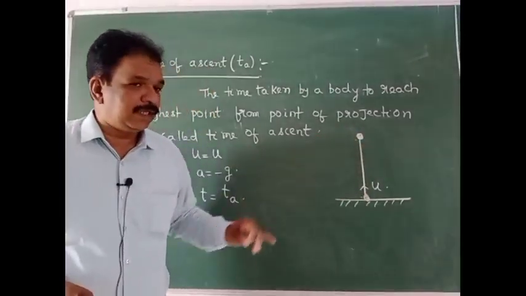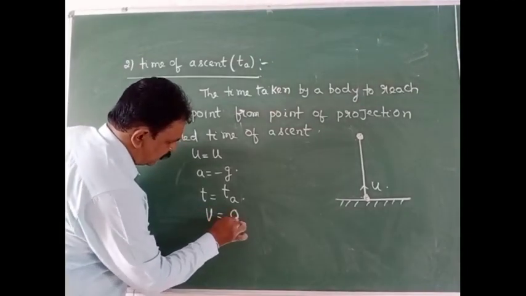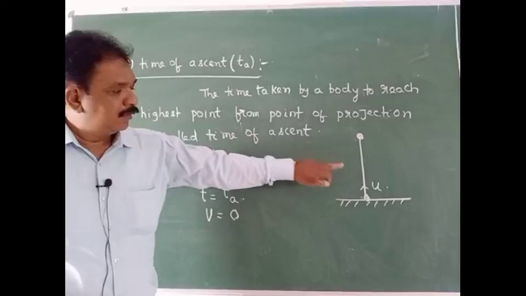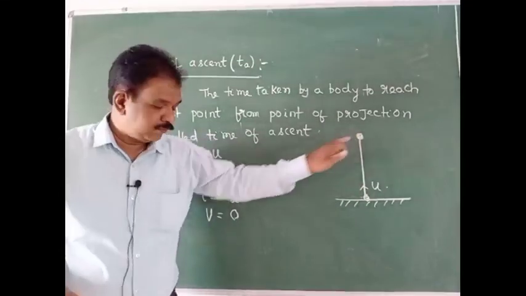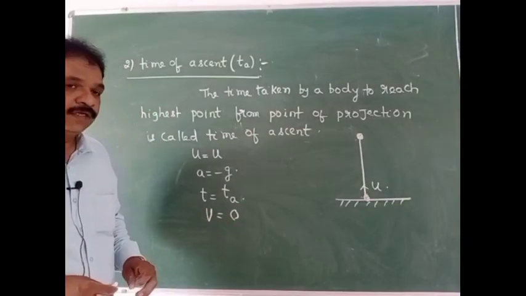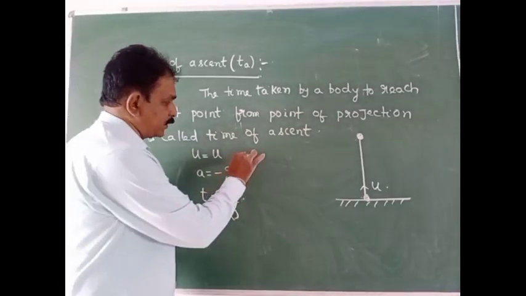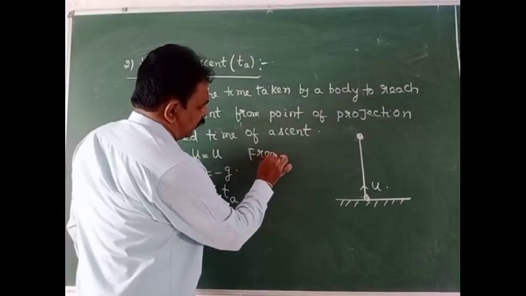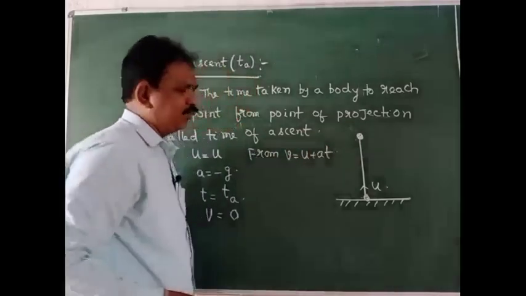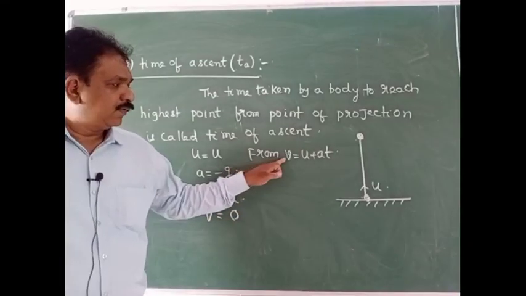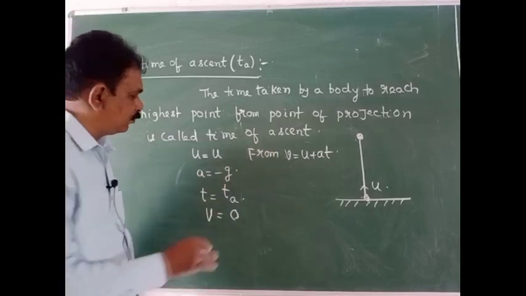Next, what is the final velocity of the body? 0. Body started from here, it reaches here. What is the final velocity? 0. By substituting all these values in v is equal to u plus at, v value will be 0.